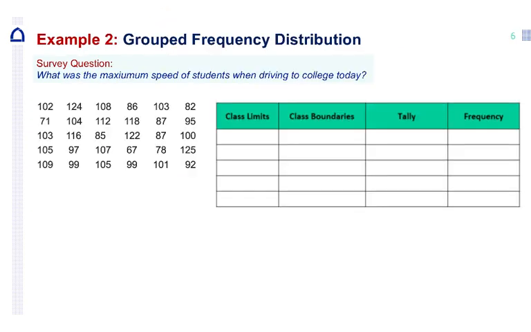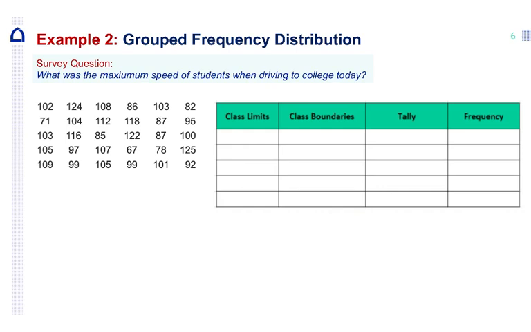Okay, so here is another example. In this example, imagine the survey question was, what was the maximum speed of students when driving to college today? So you can see I surveyed a lot of students and I got all the different maximum speeds they drove.